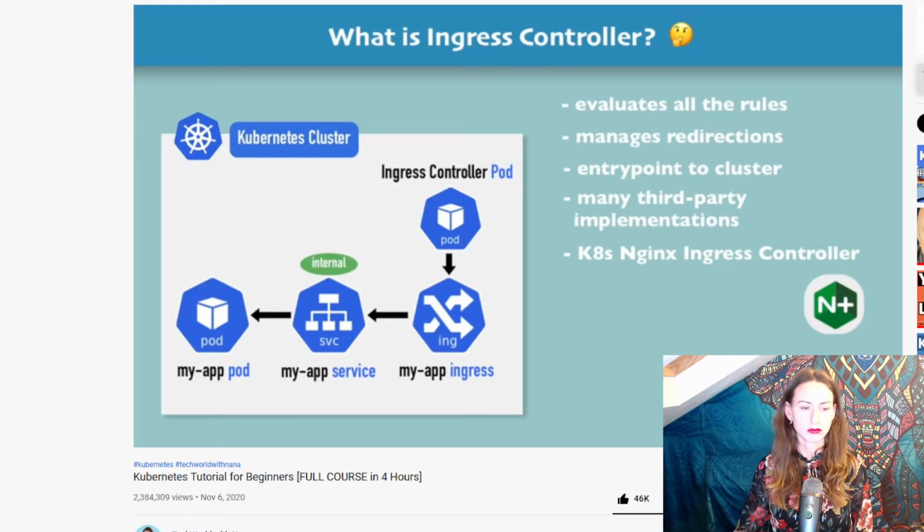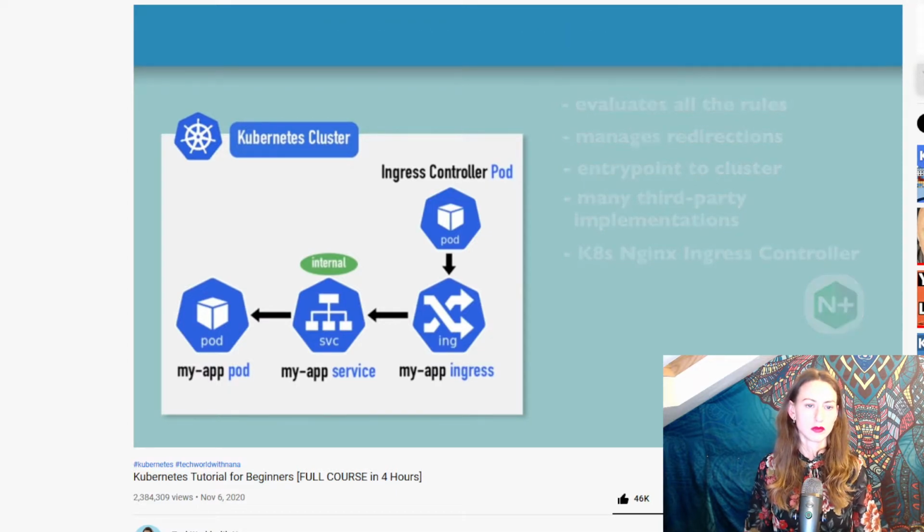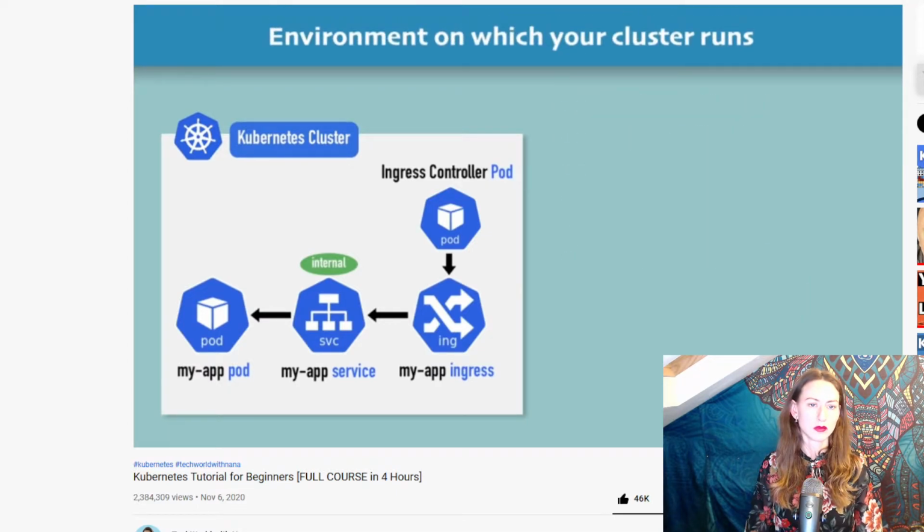So now that I've shown you how Ingress can be used in a Kubernetes cluster, there is one thing that I think is important to understand in terms of setting up the whole cluster to be able to receive external requests. Now, first of all, you have to consider the environment where your Kubernetes cluster is running.